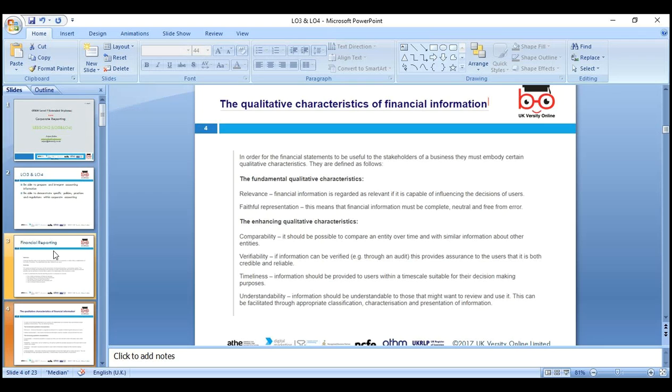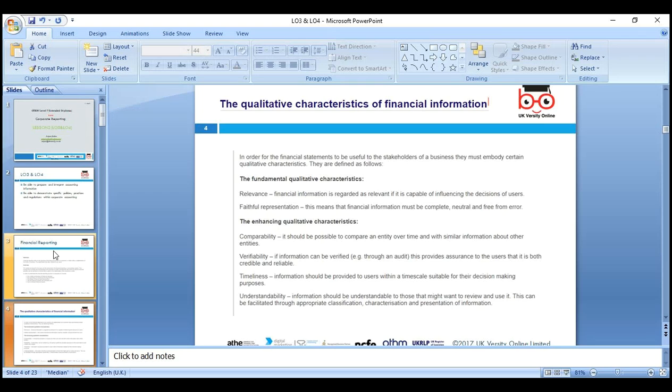We should follow the standardized, harmonized system. Verifiability: if the information can be verified through an audit, this provides assurance to the user that it is credible and reliable. If we are saying stock, we should have stock in our warehouse.